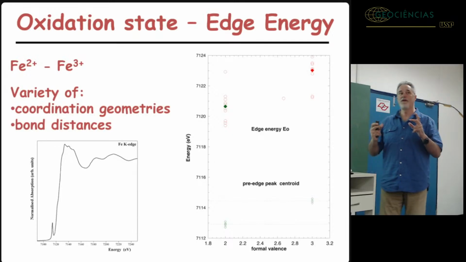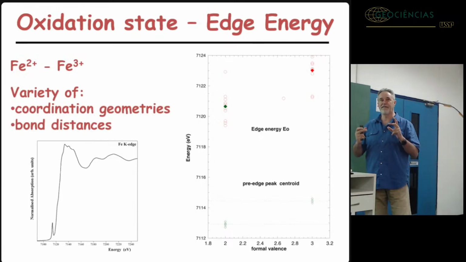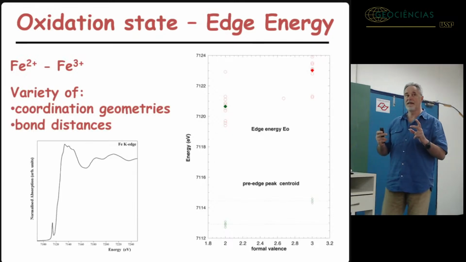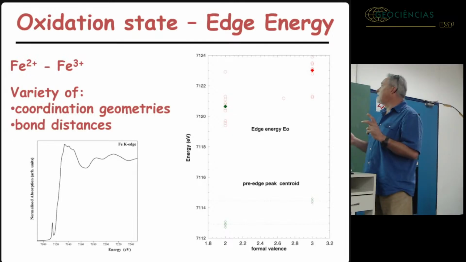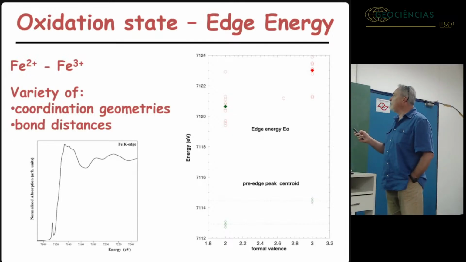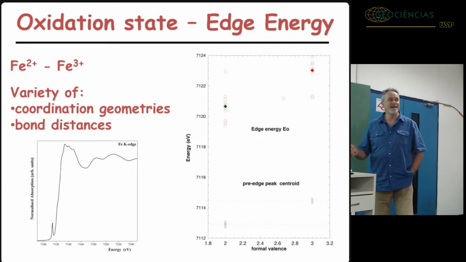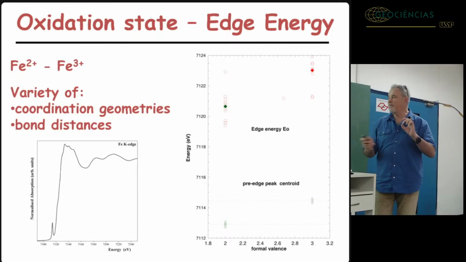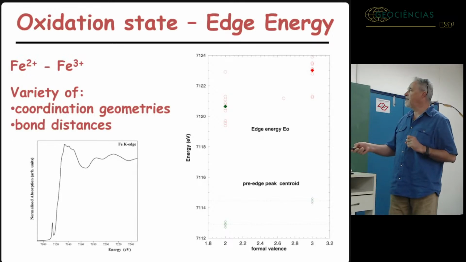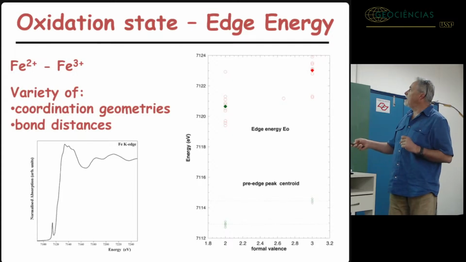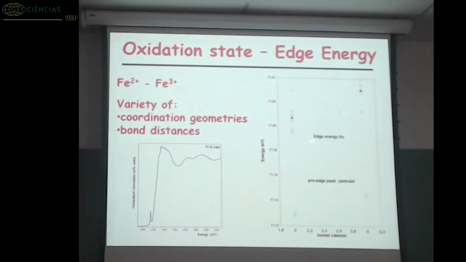So we can see that there is a large overlap between those 2 ranges. That's why you have to be very cautious when giving an oxidation state only on the basis of the edge energy. If we look instead at the centroid energy of this peak here, which is small, especially in the early times, people didn't like to work on small peaks. But if you work on the pre-edge peak of iron, and the same model compounds shown here and here, you see that they plot in a very narrow range of energies.